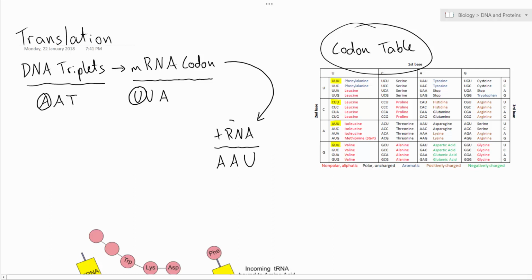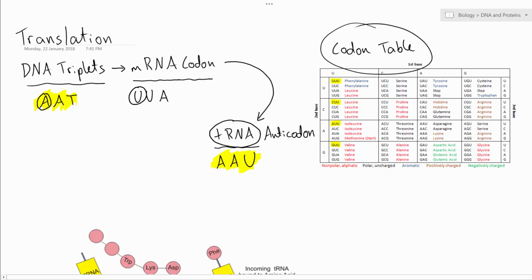We're talking about AAU because we're dealing with tRNA, a type of RNA, so we don't have a T, we have a U. What you can notice is that when we go from the DNA triplet of AAT, the tRNA anticodon basically mirrors the DNA triplet, but with the U replacing the T. When we're talking about tRNA, we are talking about something called an anticodon.